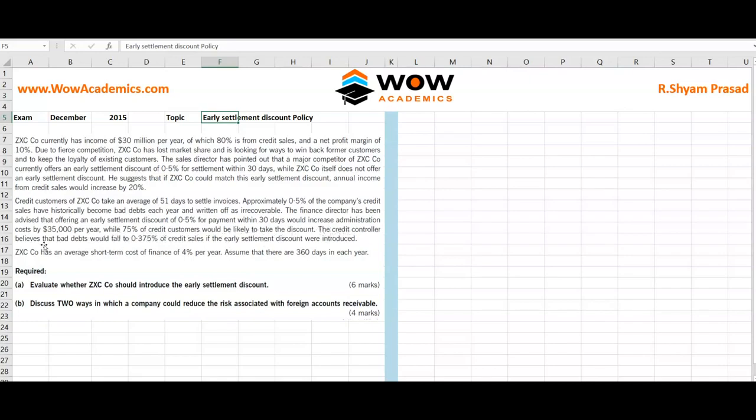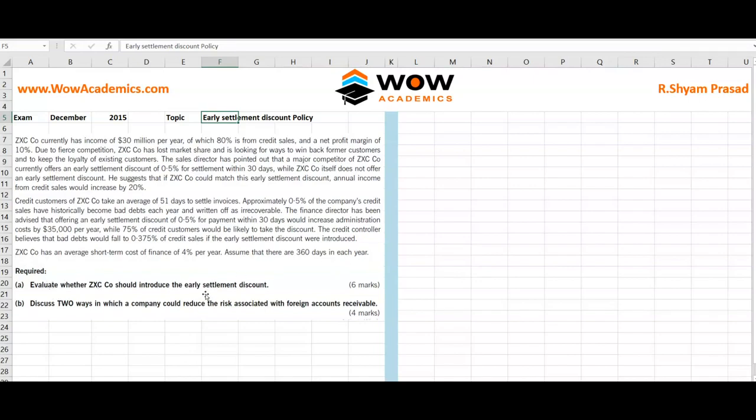The credit controller believes that bad debts would fall to 0.375% of credit sales if the early settlement discount were introduced. ZCO has an average short-term cost of finance of 4%. Assume that there are 360 days in a year.